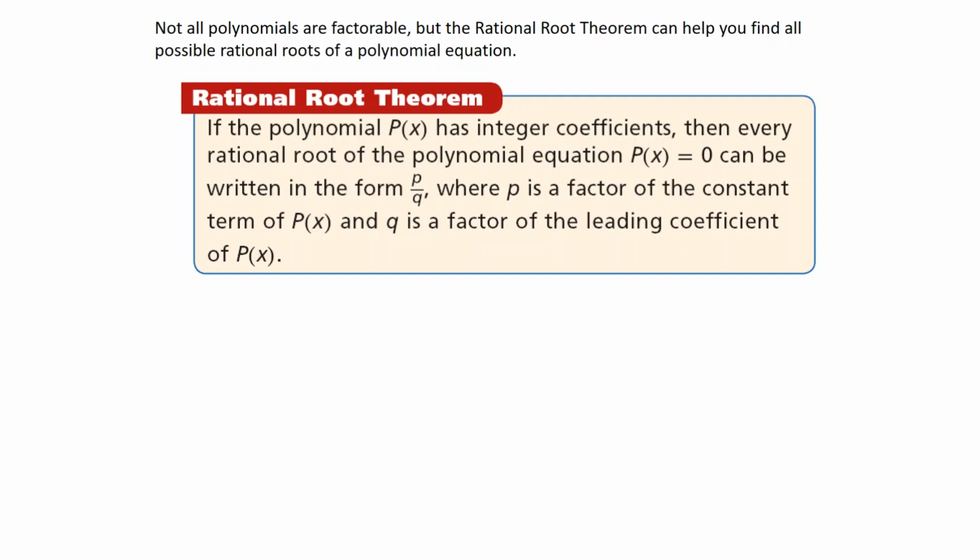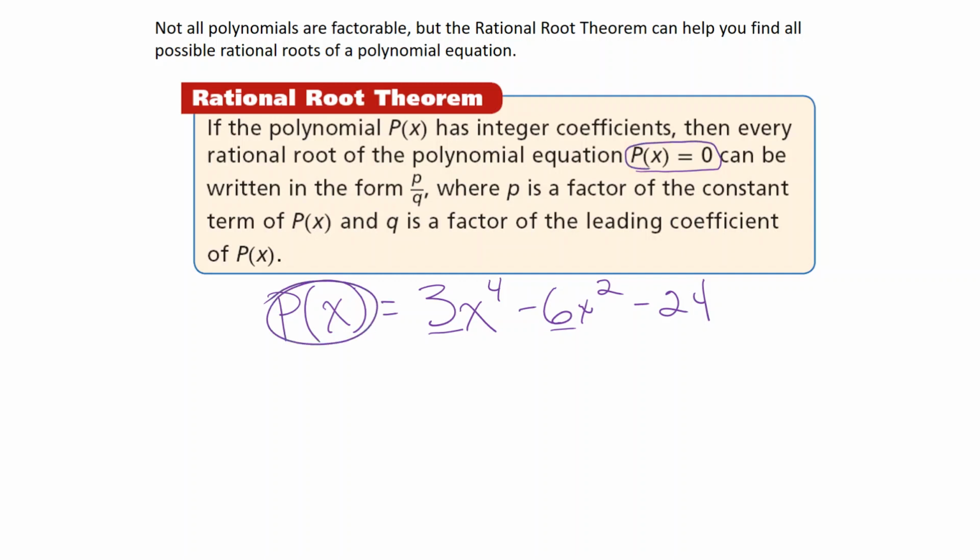If the polynomial p of x, and I'm just going to call our polynomial p of x here, is equal to, let's say we had 3x to the 4th minus 6x squared minus 24, has integer coefficients, so we look at our coefficients, and yes, they're integers. Then every rational root of the polynomial equation, when we set p of x equal to 0, so that we would set this equal to 0, can be written in the form of p over q, where p is a factor of the constant term, so that in this case it's going to be negative 24.